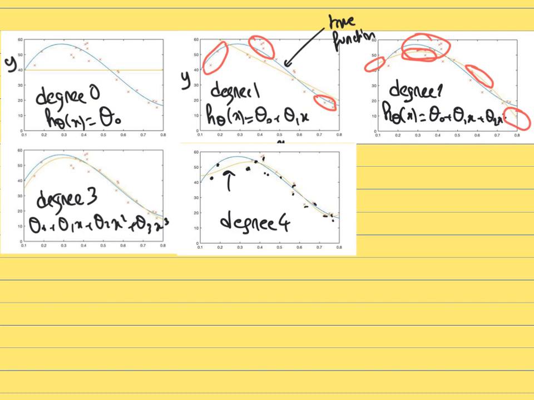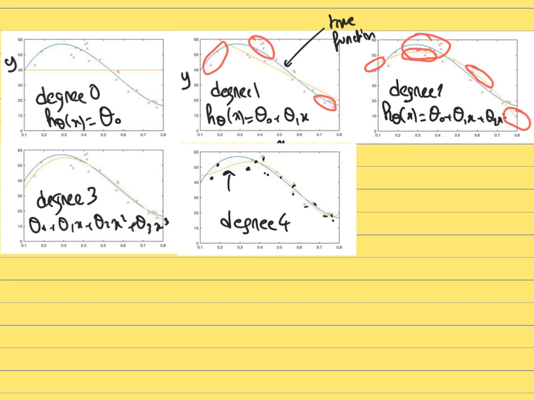The only reason we know that this function doesn't necessarily look as good as the model with degree 3 is because in this case I showed you the blue function, which is the true function. Here we see that when we use a degree 4, the model looks good when we compare it to the measured data points, because it's really going through the middle of all the data points.